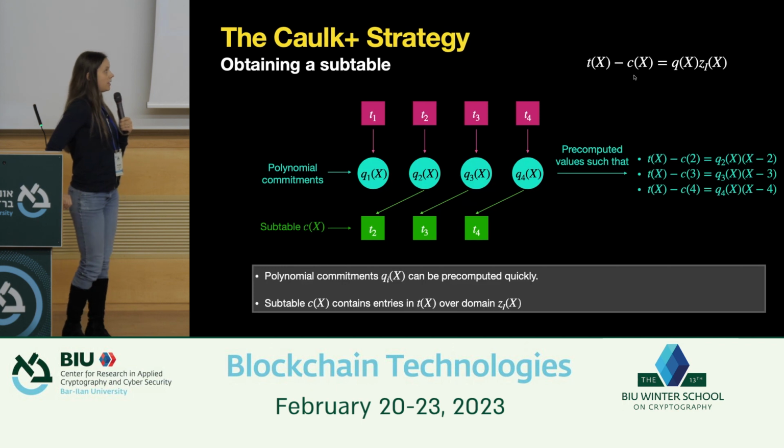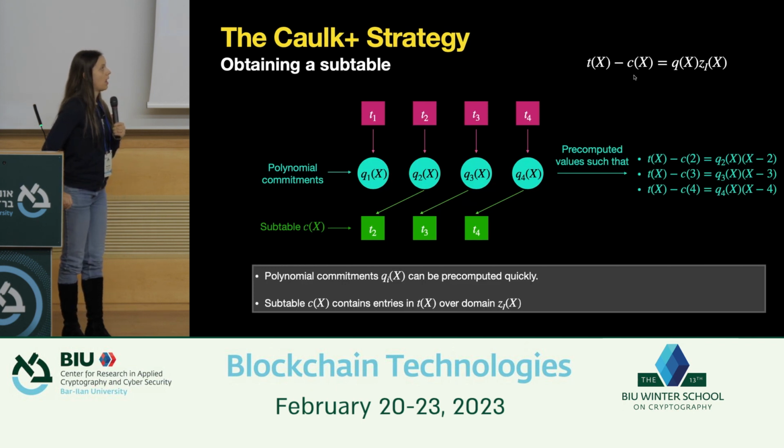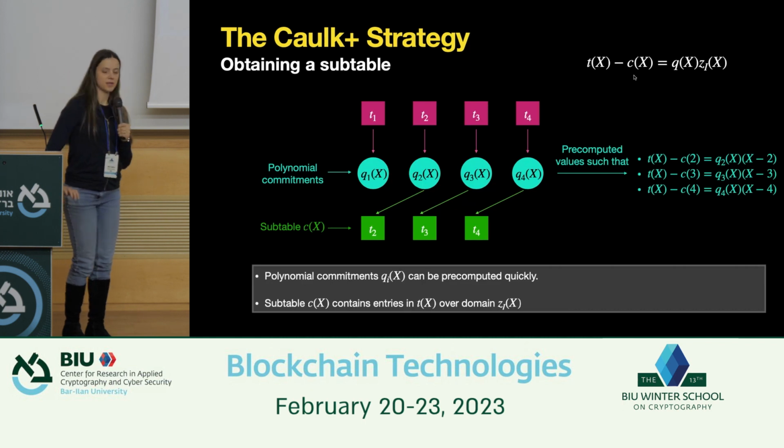So remember, I have these pre-computed values. Where C of 2 is equal to T of 2, we are in fact going to have that Q2 is a valid proof that C2 is an opening of T at 2. Likewise, Q3 is a valid proof that C3 is an opening at 3, and same for C4.